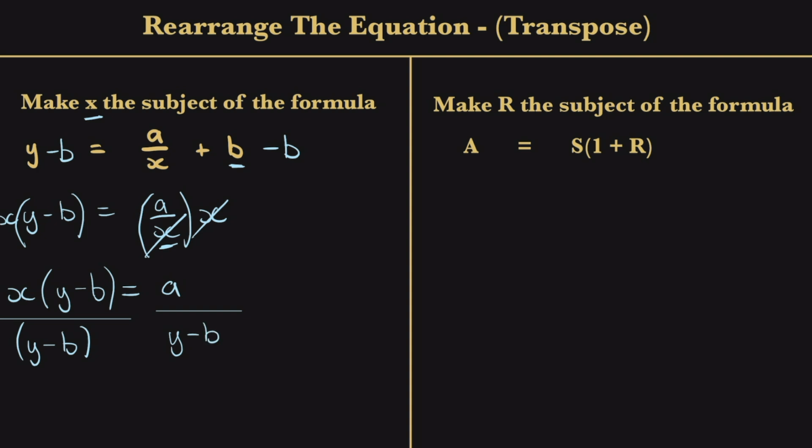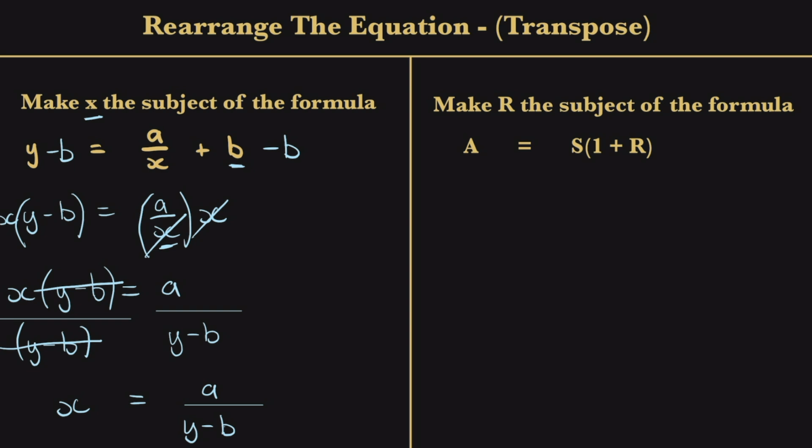Then I could rewrite that as x, and if we've got the same number on the top and the bottom, they're going to cancel each other out. So we're just left with x, and that is equal to a over the top of y take b. And that's my final answer.